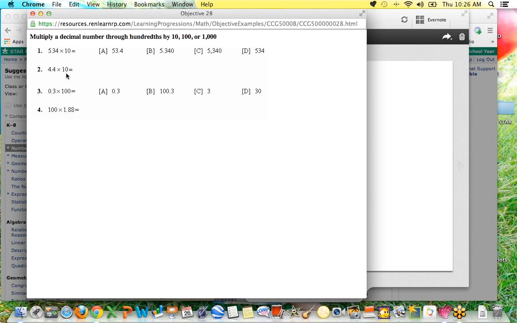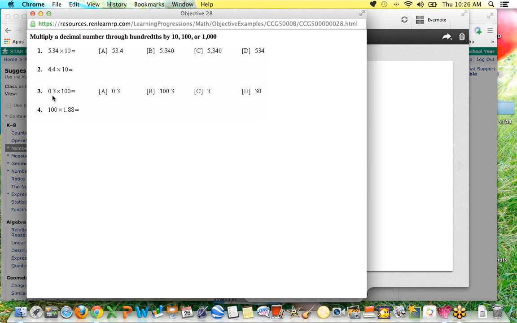You see 1 zero, so move your decimal place over 1 time. You're making 4.4 10 times bigger, and that is correct. Your answer would be 44. That is correct, Claire. 44 is correct.